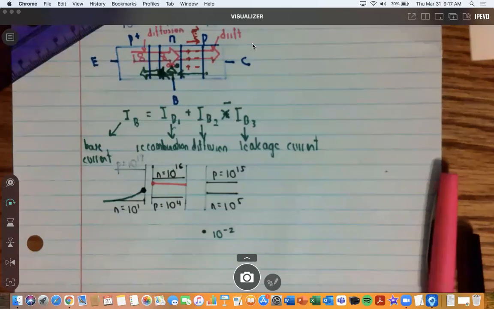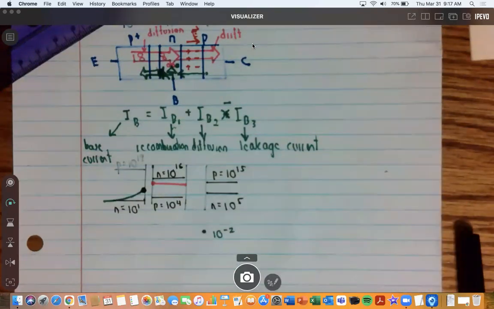And then here in the base, what is brought down more? Is it the amount of electrons or the amount of holes? What we're going to see is that very few of these holes are in the base region to begin with, and very few recombine in there.